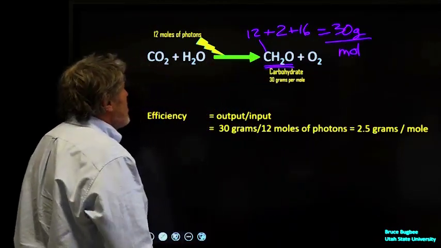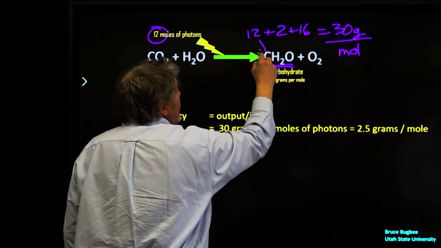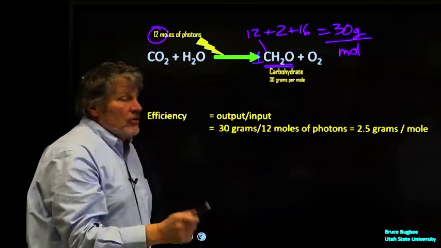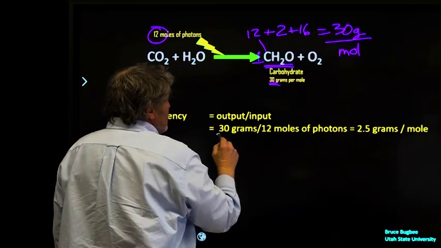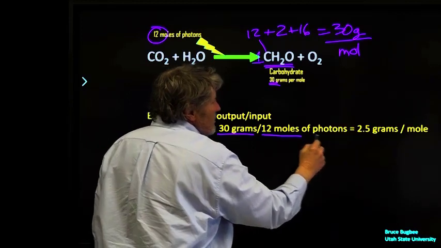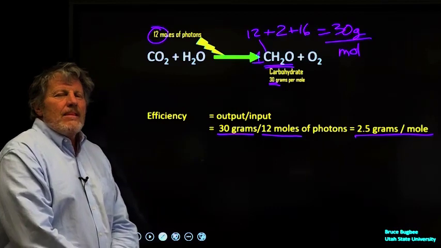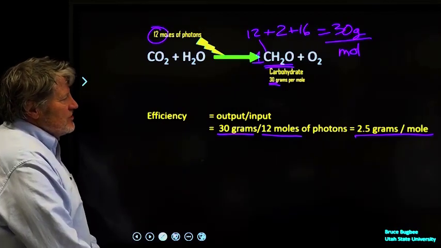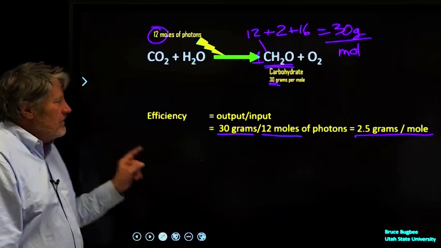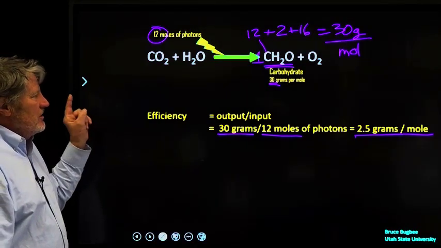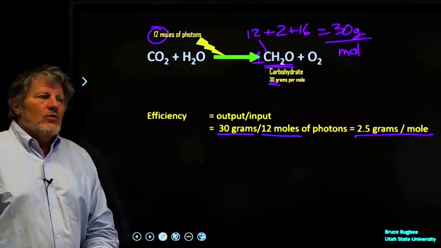So now we take 12 photons in and we get 1 CH2O out, but that 1 CH2O is 30 grams. 30 grams out, 12 in, 2.5 grams per mole. Wait a minute. We just said the maximum you can get is 1. What's going on? This equation is only for photosynthesis. What happens at night?